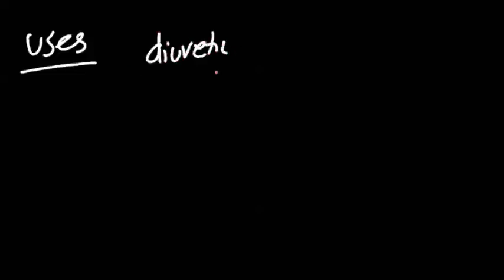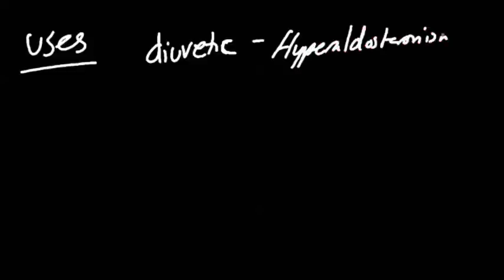There are a couple uses. So uses for these aldosterone receptor antagonists, and the primary one is going to be diuretic. Also, typically used when the patient is in a state of hyperaldosteronism.